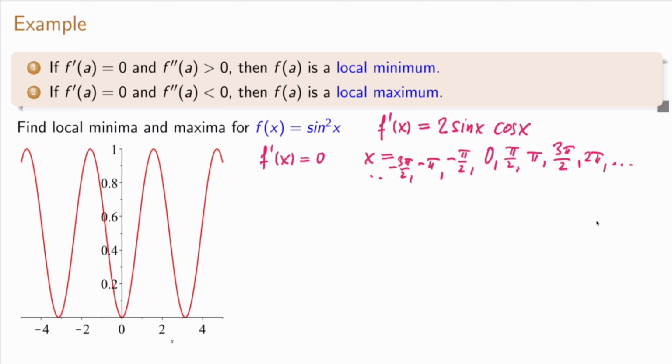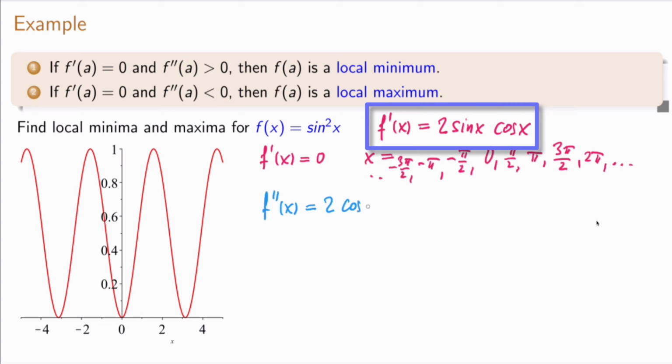Now to identify them as local maxima or minima, we need f double prime. So let's take the function here and differentiate again, and you see we need the product rule. So f double prime equals 2, and then I differentiate sine, which is cosine. So I get cosine square, and then plus 2. I keep the sine, and I differentiate the cosine, which is minus sine.